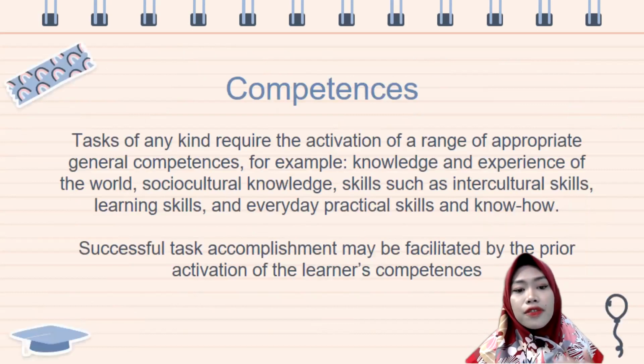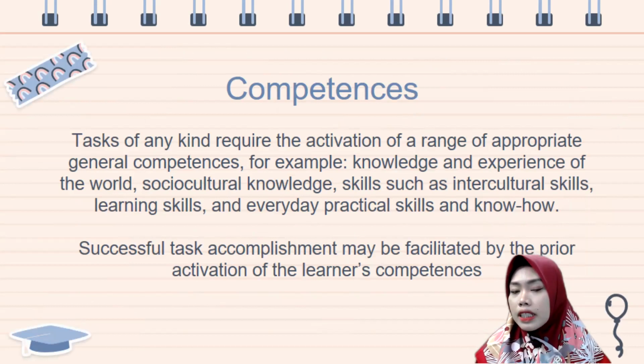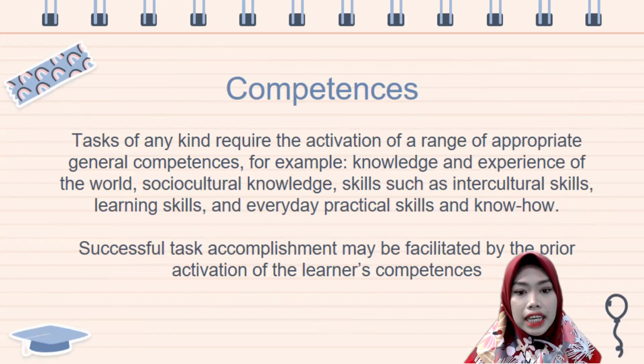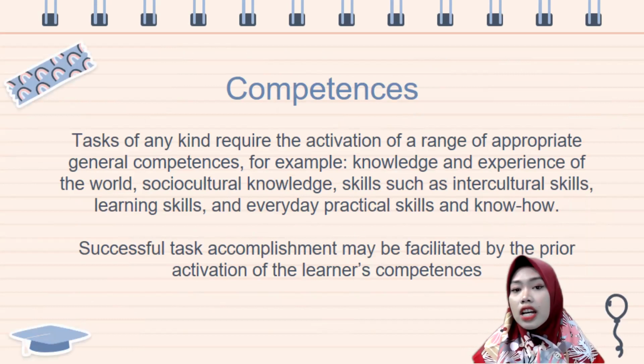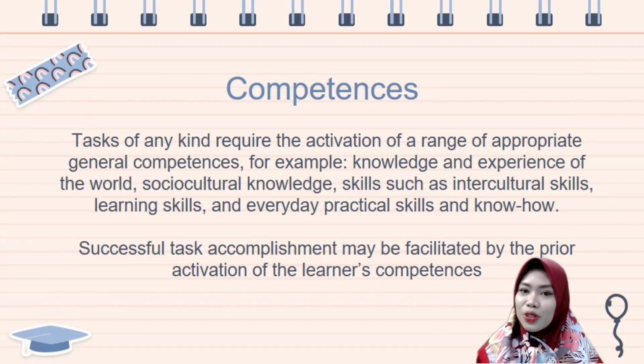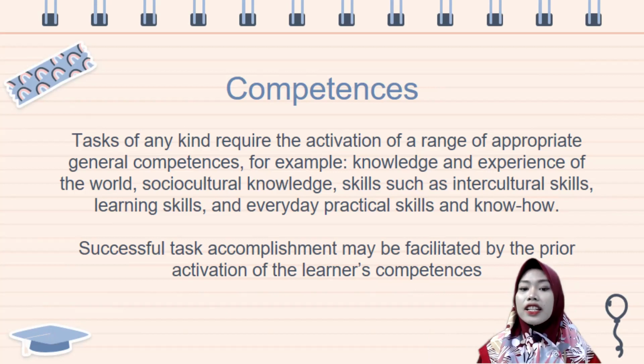Competences: tasks of any kind require the activation of a range of appropriate general competences, for example knowledge and experience of the world, sociocultural knowledge, and skills such as intercultural skills, learning skills, and everyday practical skills and know-how. Successful task accomplishment may be facilitated by the prior activation of learners' competences.